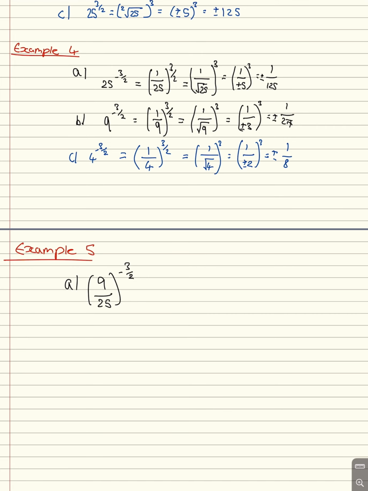Okay, because we've got a negative fractional power, we have to take the reciprocal of 9/25, and that just means flip the fraction. So taking the reciprocal of 9/25, we get 25/9, all to the power of 3/2.